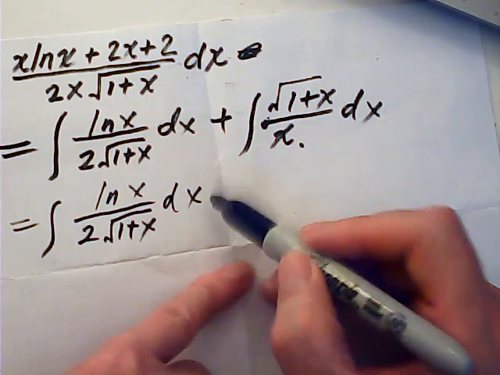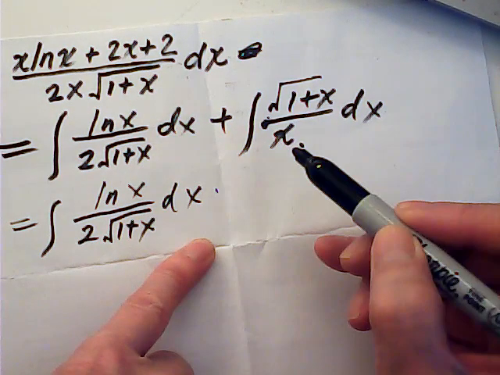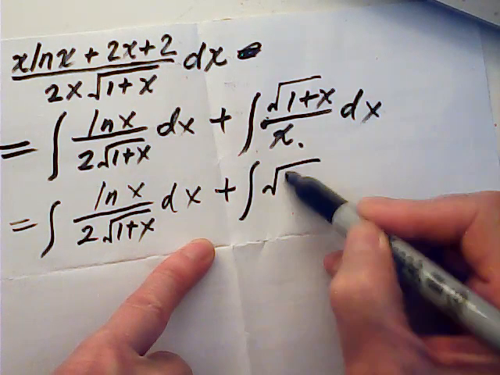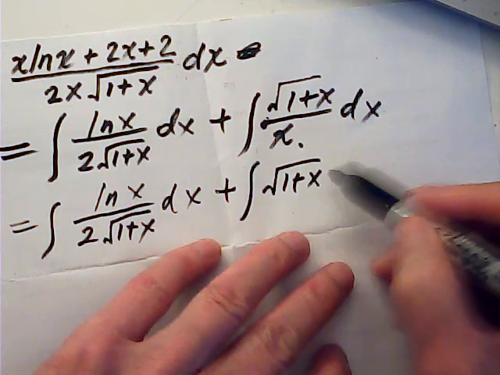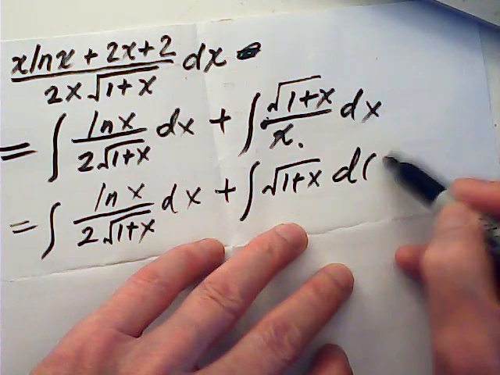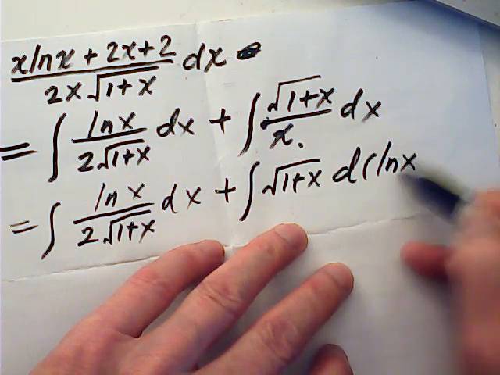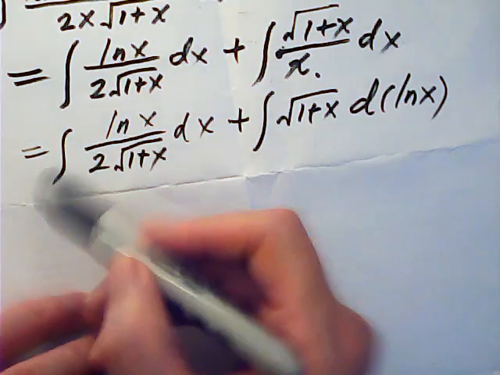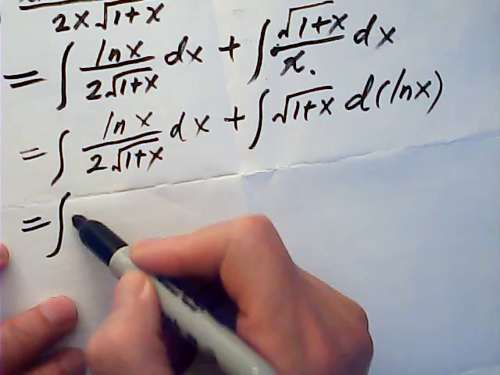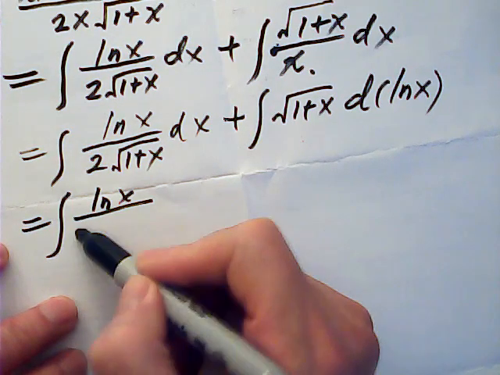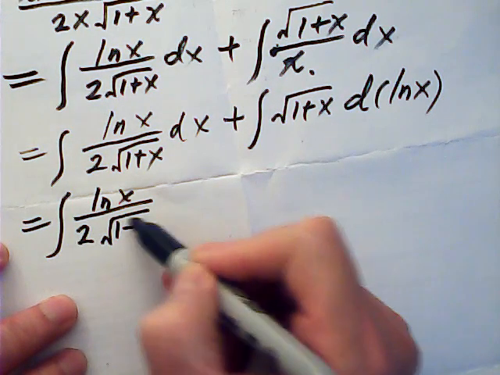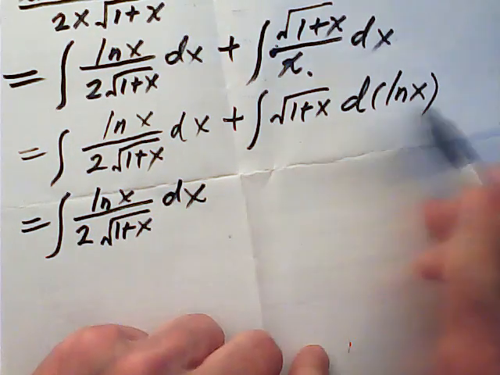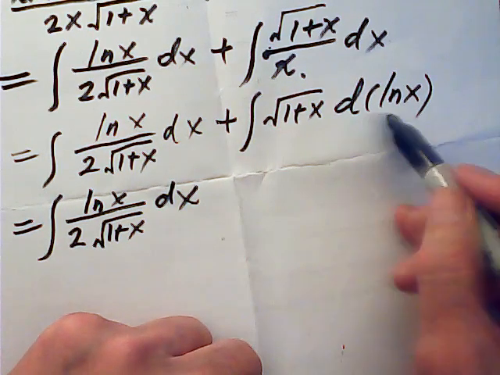Now I write this one as the derivative of square root of 1 plus x times log x. Yeah, that's it. And this one is equal to the integral of log x over 1 plus x dx. This one I'm using by parts.